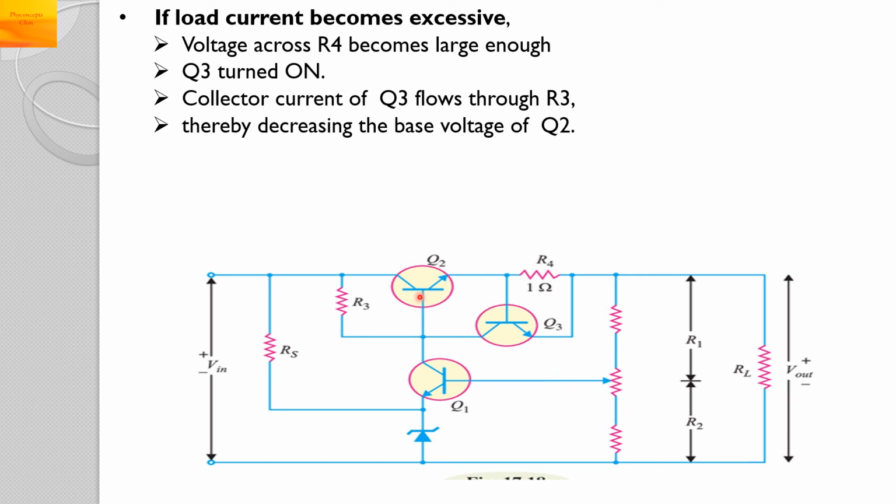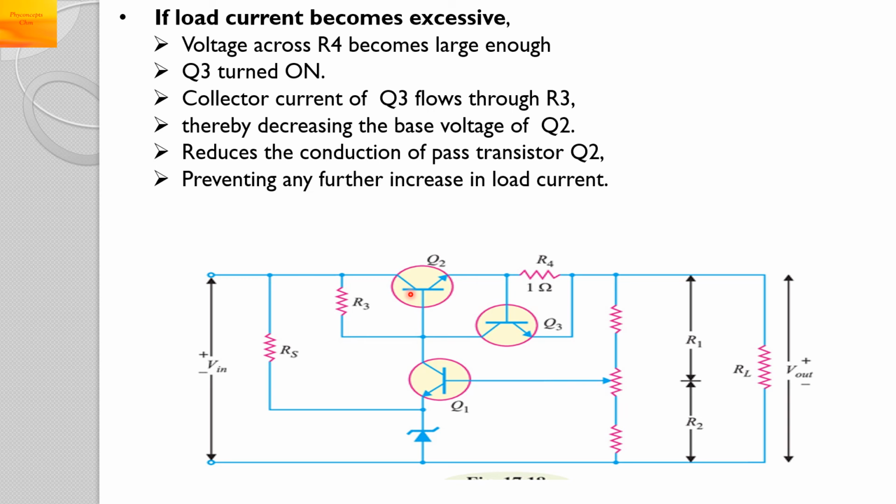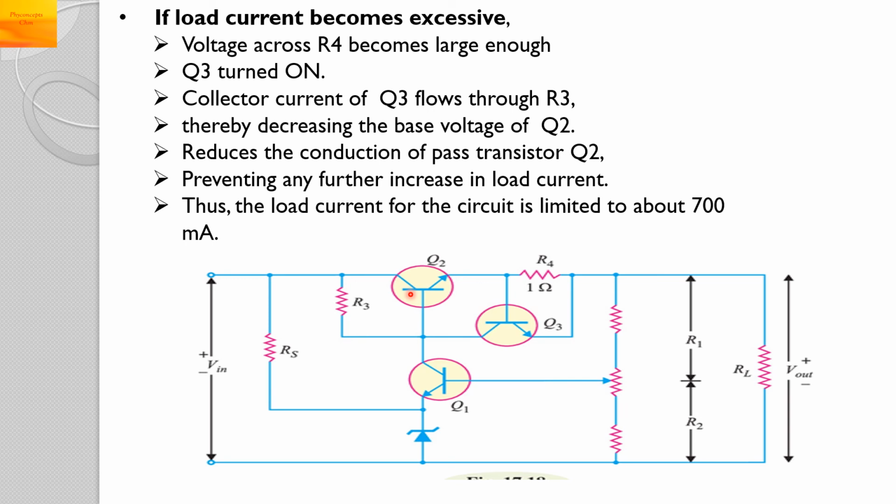So the base voltage of Q2 will be decreased, and this reduces the conduction of the pass transistor Q2, preventing any further increase in the load current. Hence, the load current for the circuit is limited to about 700 milliamperes.